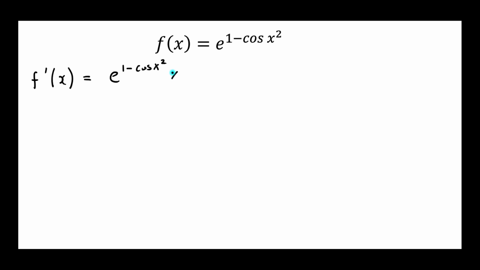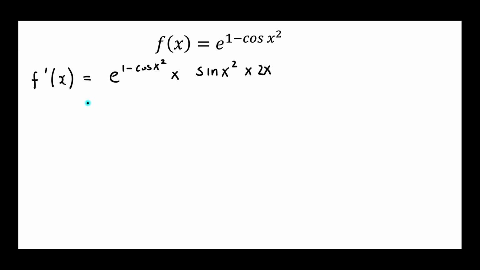Then times, now we differentiate this top part with respect to x. Now when you differentiate cos, because you've got a minus in front, that would just give me a positive sine x squared. But then I differentiate the inner part of this inner function, which will then give me times 2x.